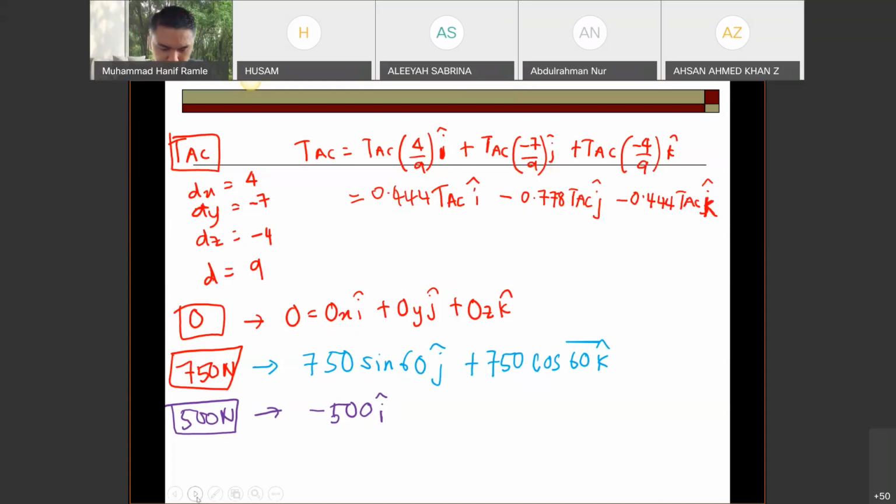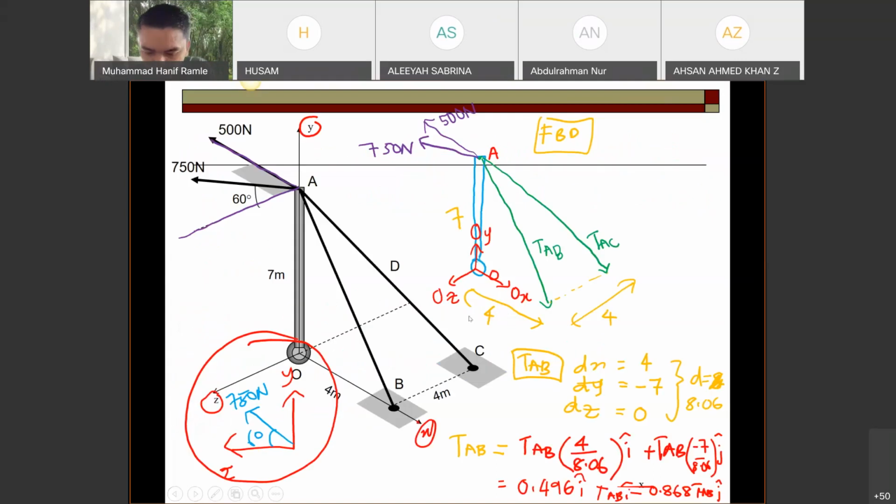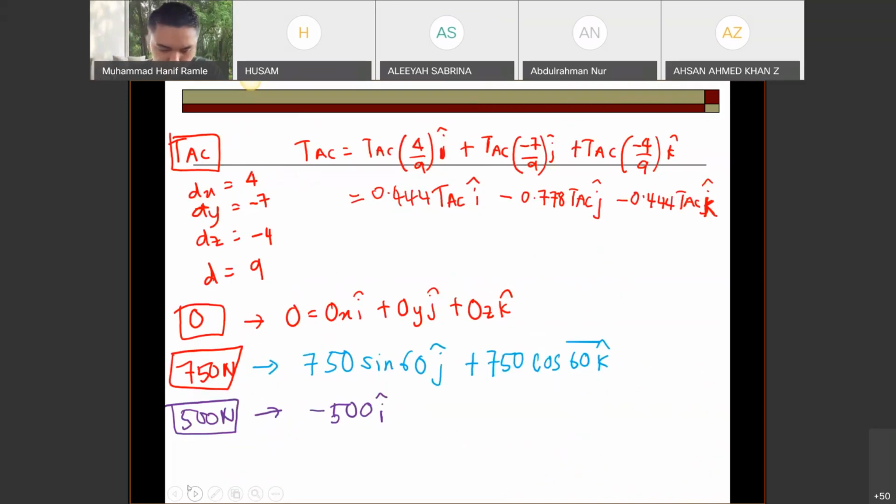Okay, for the first one, let me go back to the FBD. We do have 1, 2, 3, 4, 5 unknowns, meaning that we have to determine at least 5 equations from the equivalent system. So the first 3 equations come from Fx, Fy, and Fz equal to 0. Let's do it.